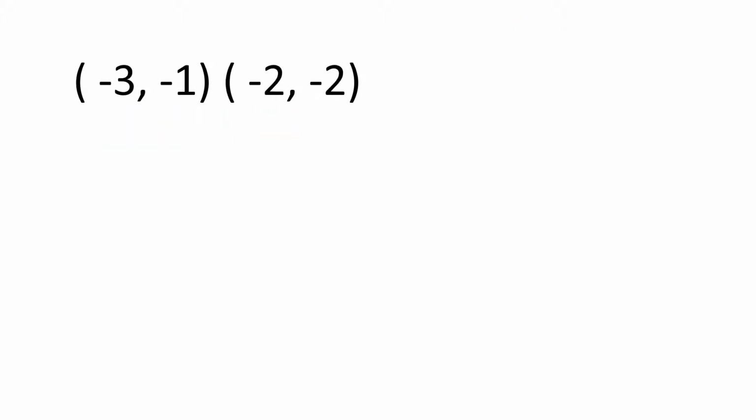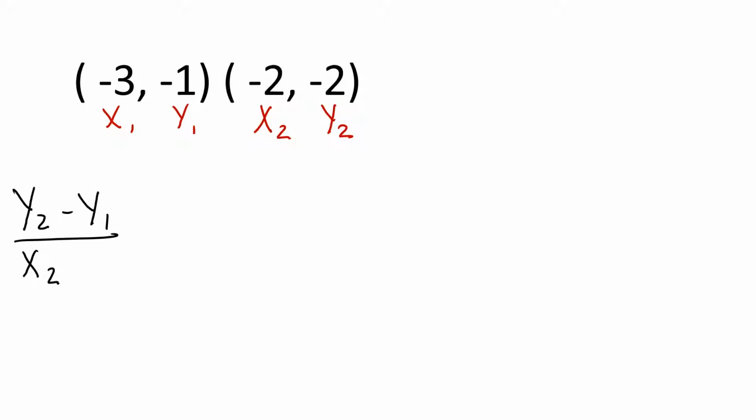First step for this problem, -3, -1, -2, -2, is we label our points, x1 and y1, x2 and y2. And then we plug them into the slope formula, y2 minus y1 over x2 minus x1. The y2 value is -2 minus the y1 value is -1.